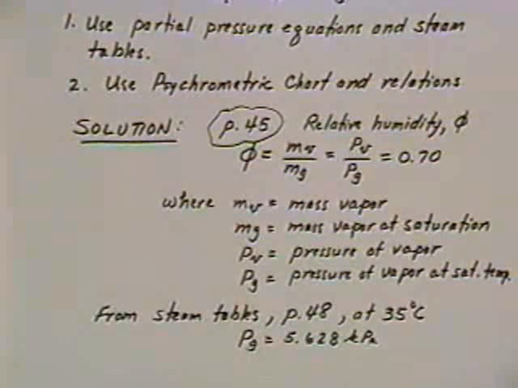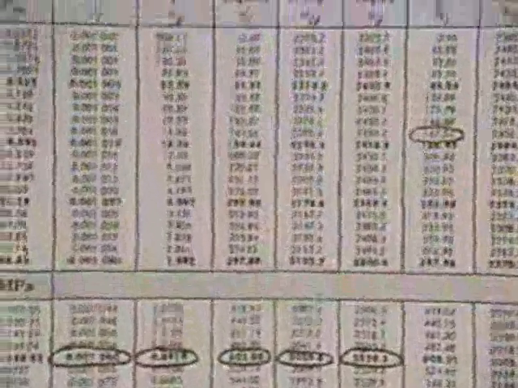And so if we were to go, and I'm going to pull back my steam tables here for just a second. From the steam tables, we're in the saturated water condition.